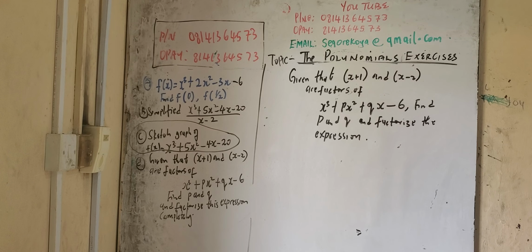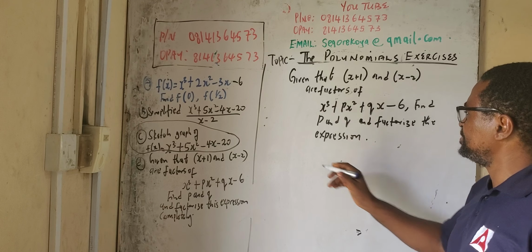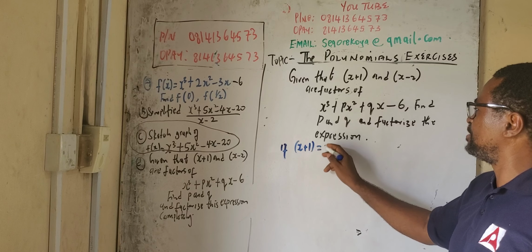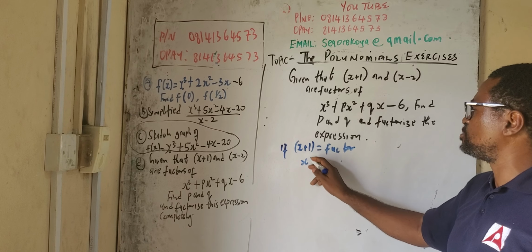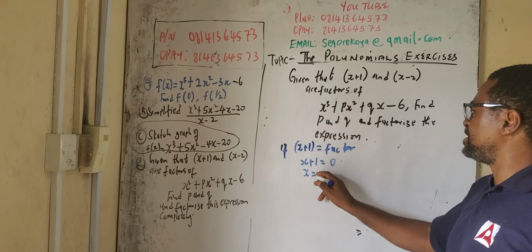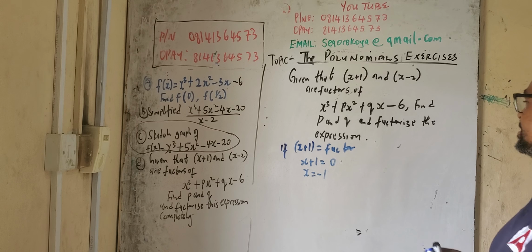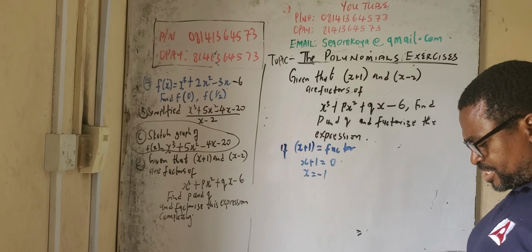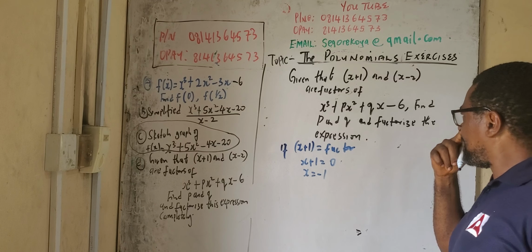Now, what I'm going to do is that if x plus 1 is a factor, then I can set my x plus 1 to be equal to 0. Therefore, x will be minus 1. So that means anywhere I see x, I put a minus 1, and everything will result in a remainder of 0. So I will now write here.